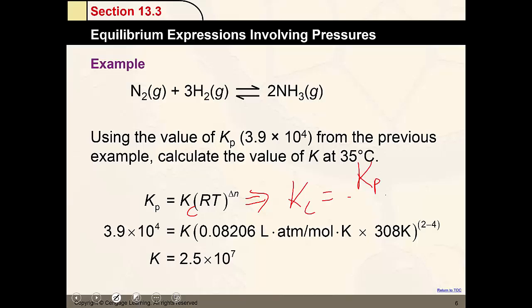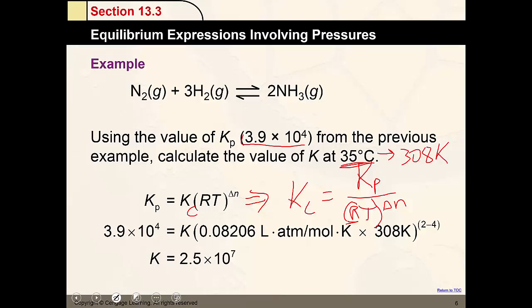It's Kp over RT to the delta n. And we know Kp already, 3.9 times 10 to the 4th. R is always given to us. Temperature, you have to convert this to Kelvin, add 273, so that's 308.